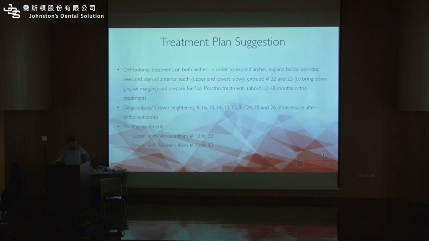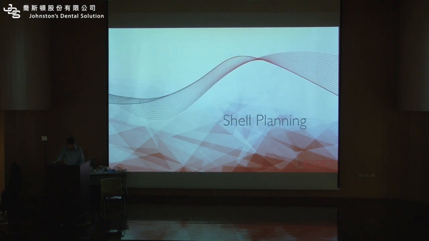About 12 to 18 months ortho treatment. So it gives a nice vision for the dentist. After ortho, gingivoplasty, a little bit of crown lengthening, if necessary, after ortho. In prosto treatment, 4 anteriors on the upper and 6 anteriors on the lower. This is the suggested plan.